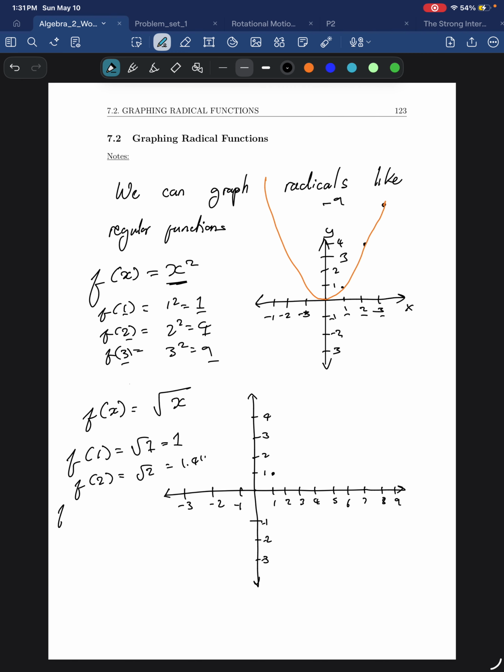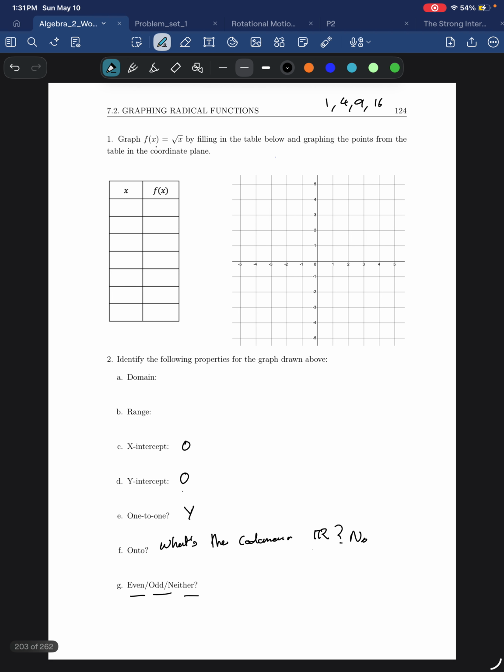So what we're going to learn today is how we can take advantage of the properties we know about radicals. If I want to graph a function like f of x equals square root of x, as established, I can just plug in points and graph them. That's true, but that's boring.